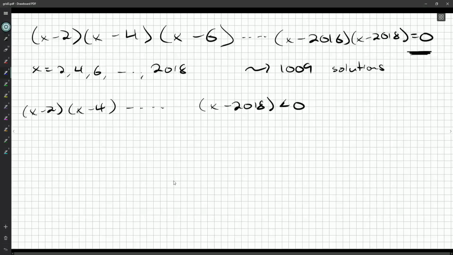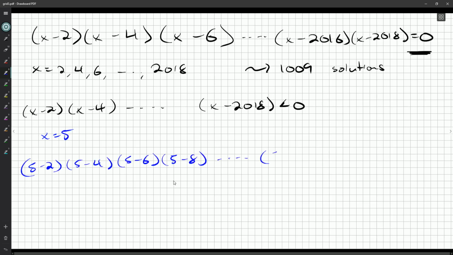Now, suppose I put in x is 5, just as an example. We'd have 5 minus 2, 5 minus 4, 5 minus 6, and after a while they're all going to be negative terms.